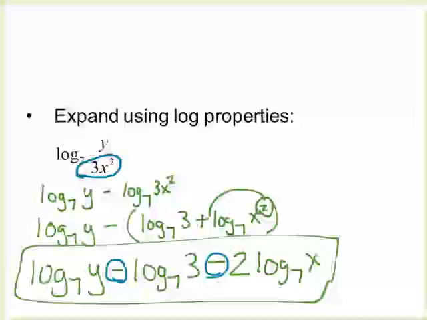Just like, what do negative exponents do? What do we do with a negative exponent? Negative exponent goes to the bottom of a fraction. Something that's on the bottom of a fraction should be a negative.